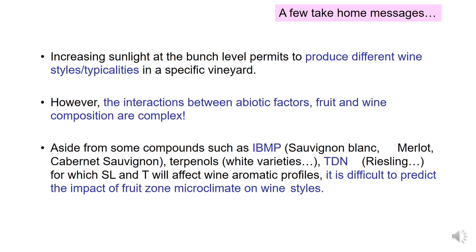For example, by opening the canopy pre-veraison at pea size, you can decrease the level of pyrazine of some varieties such as Cabernet Sauvignon, Merlot, or Sauvignon Blanc, and in parallel you will boost the fruit, meaning that you will change the wine aromatic profiles.